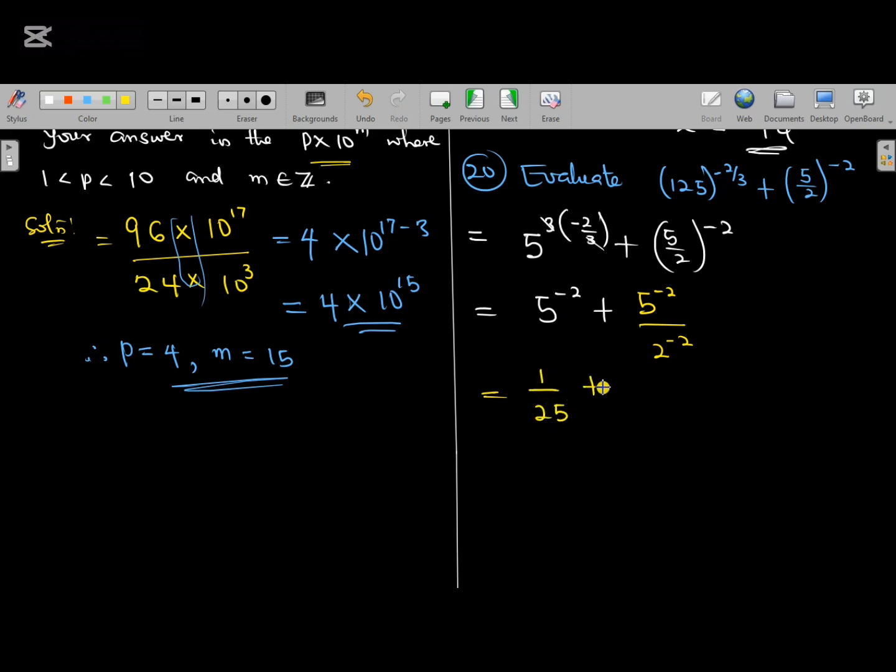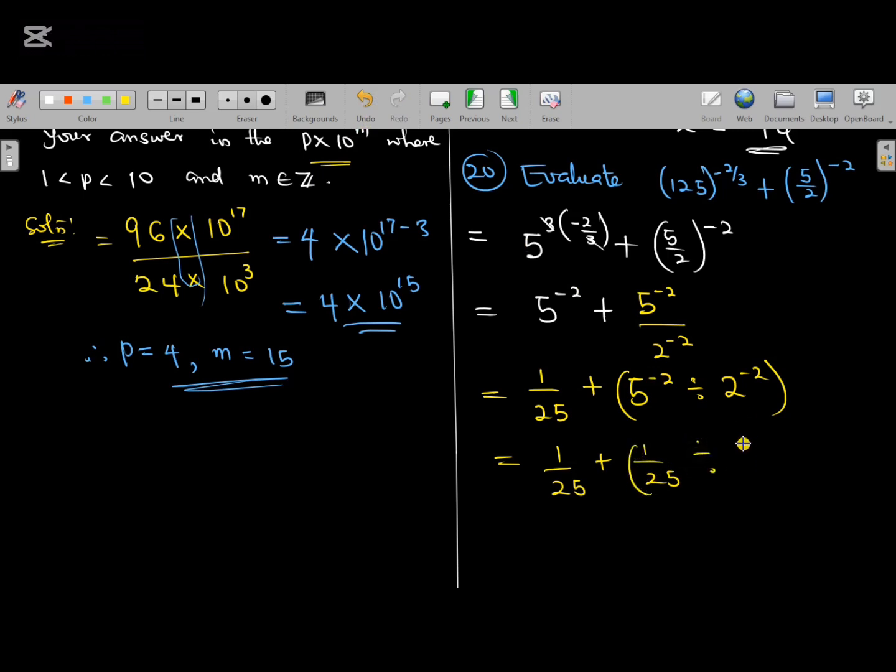And that is plus, meanwhile, remember that this part, I can actually write it as 5 raised to power minus 2 divided by 2 raised to power minus 2. Okay, and that is going to give me 1 over 25 plus, here would also be 1 over 25, then multiplied by, before that multiplication, let's still retain our division here.